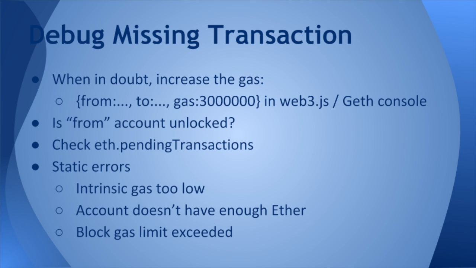You can check: is the from account unlocked? Check eth.pendingTransactions. And the clients themselves will help guide you by giving you an error straight away in these cases, like if the intrinsic gas is too low, the account doesn't have enough Ether, or the block gas limit is exceeded. If anyone has questions about that after the conclusion, I can mention those.